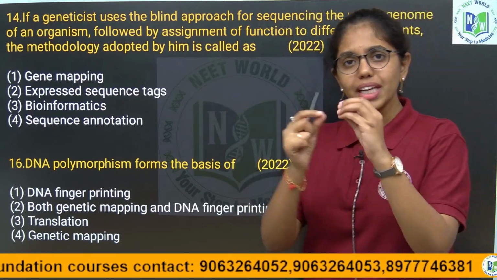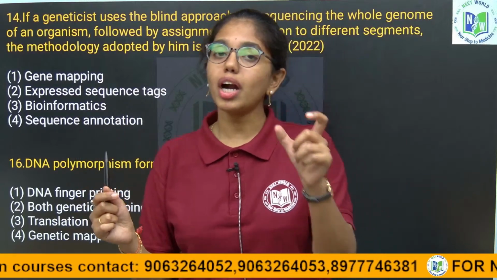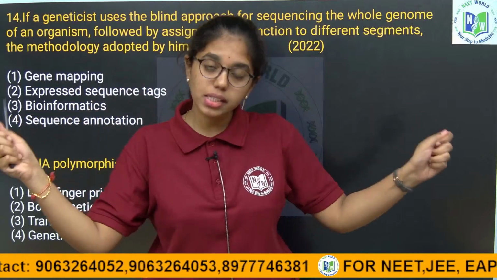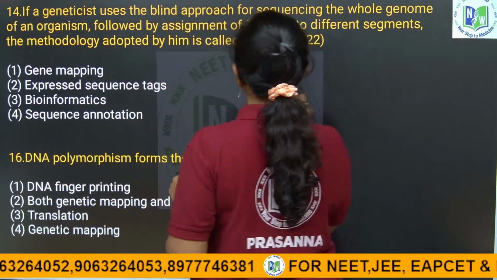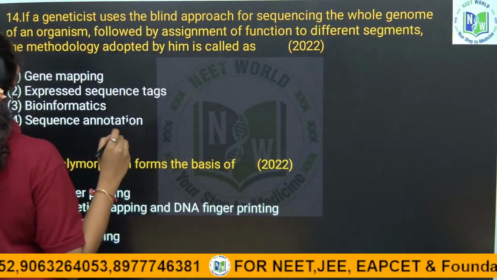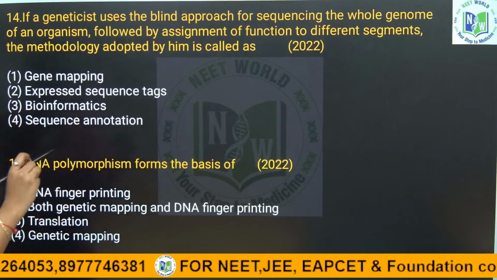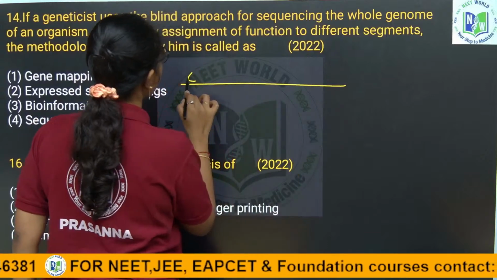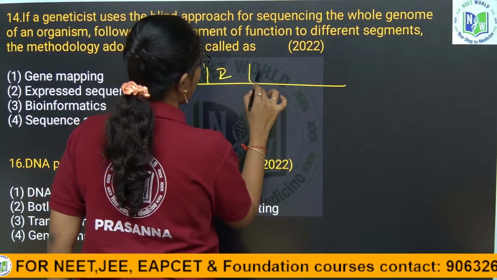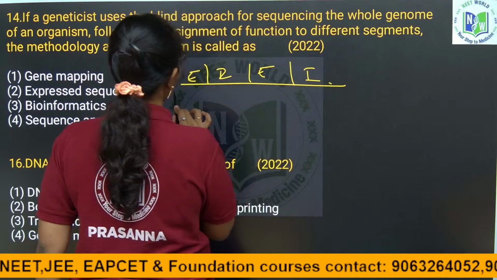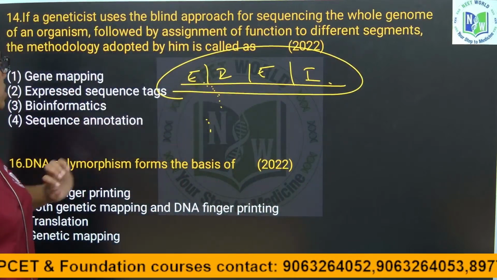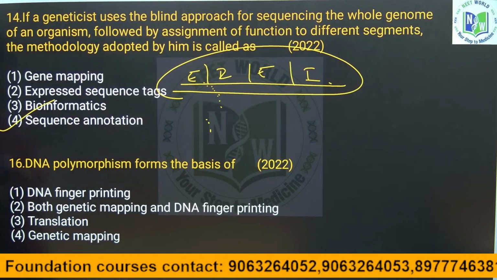If the complete sequence is considered, not just exons or the expressed parts of the DNA, both exon and intron, exon, intron, exon, intron, that complete DNA chain is considered for sequencing, it means it is the sequence annotation method.